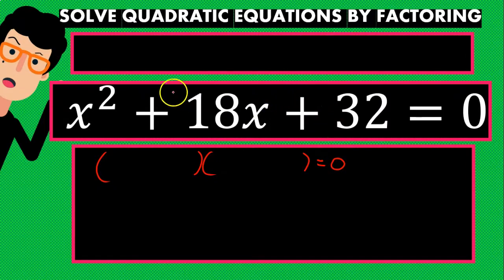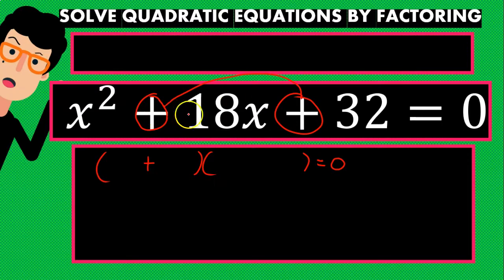Now, a tip, guys. The sign inside the first parenthesis is going to be the same sign as the middle term, so as bx. So in this case, it's going to be positive. Then the sign of the second parenthesis is actually going to be the product of this sign and this sign, so the product of the two signs in the standard form.